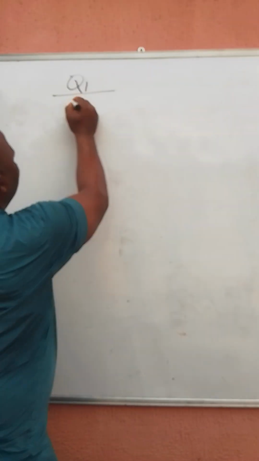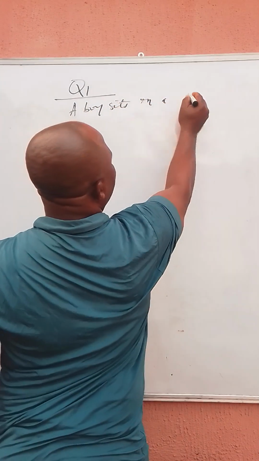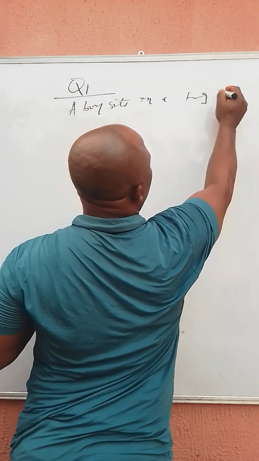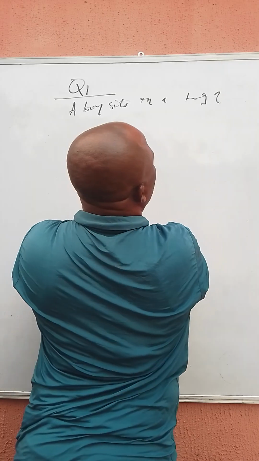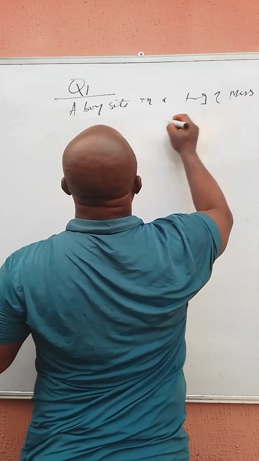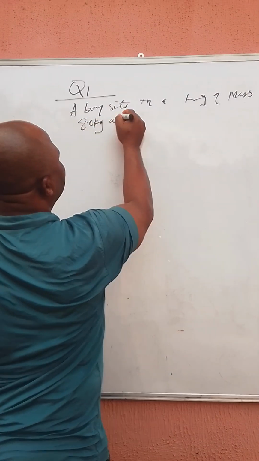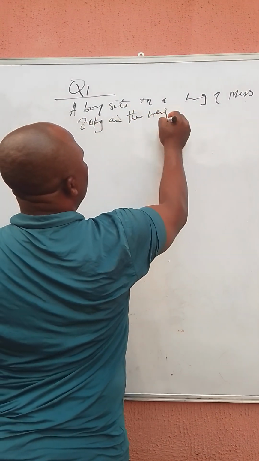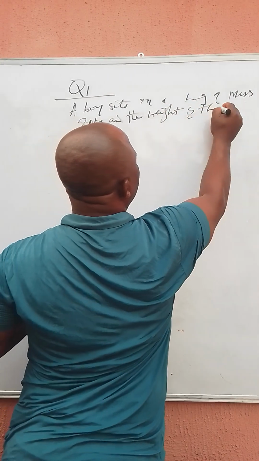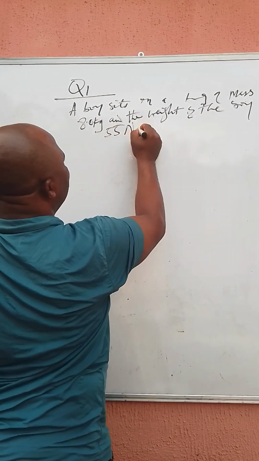A boy sits on a log of mass 8.0 kilogram, and the weight of the boy is 55 Newton.